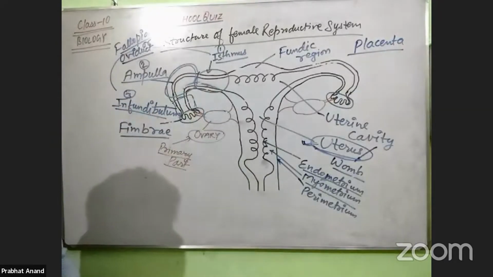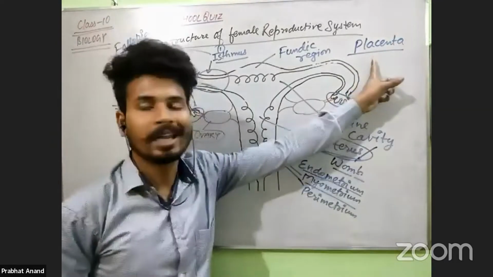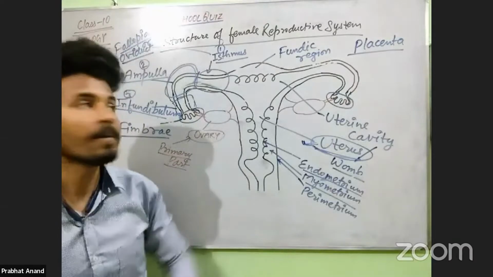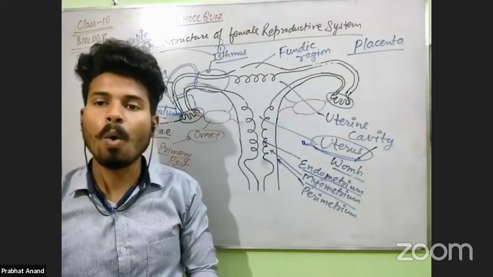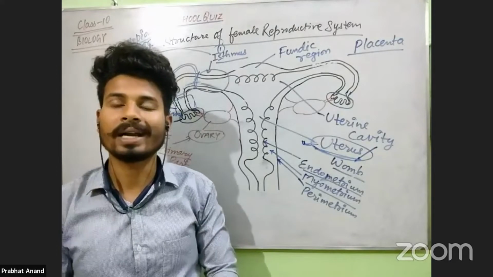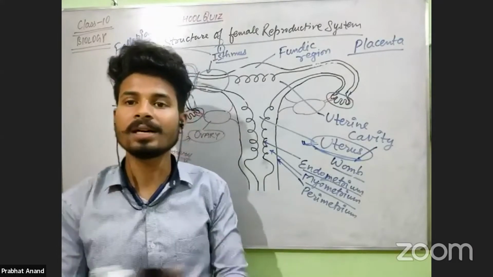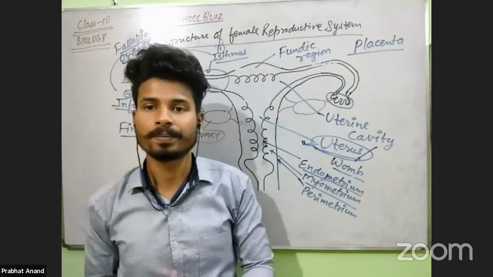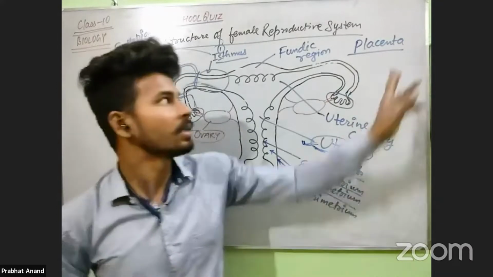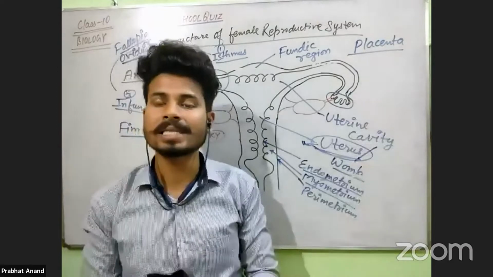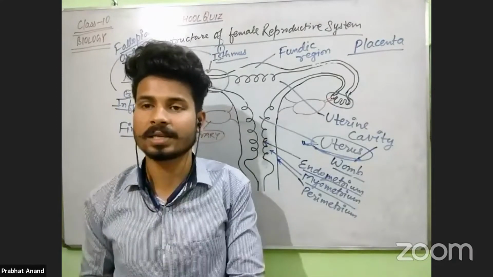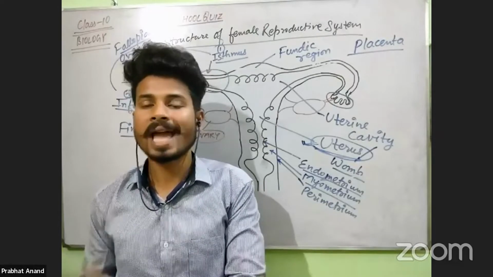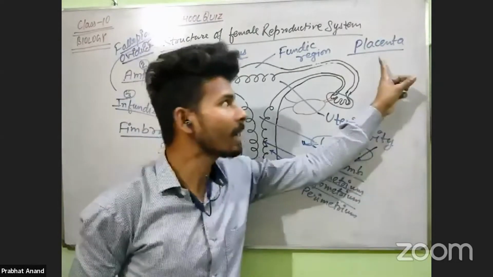The placenta is the common point for the connectivity of the mother with the fetus. This placenta supplies nutrition to the embryo, or the fetus, and the fetus excretes through the placenta only.